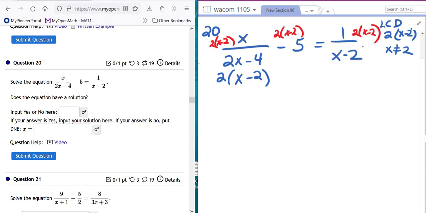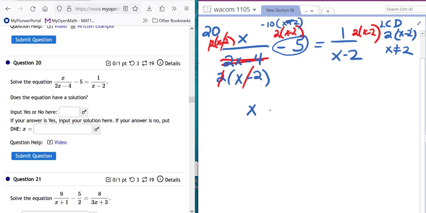Now, all your denominators should cancel, right? So this one, my 2 goes out, my x minus 2 goes out. So for this first piece, I'm left with x. Now, the second piece didn't have any denominators, so you're going to have to take this negative 5 times these. So this gives us negative 10 times x minus 2.